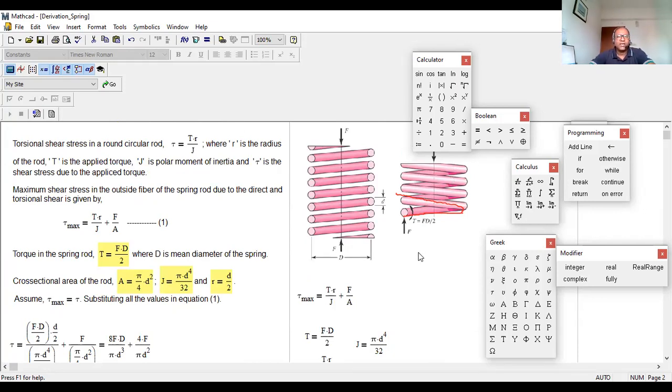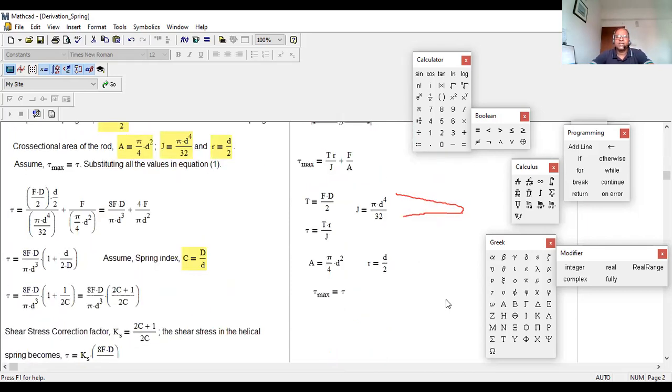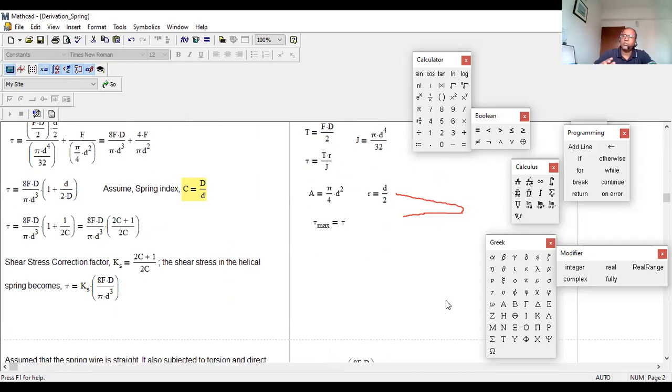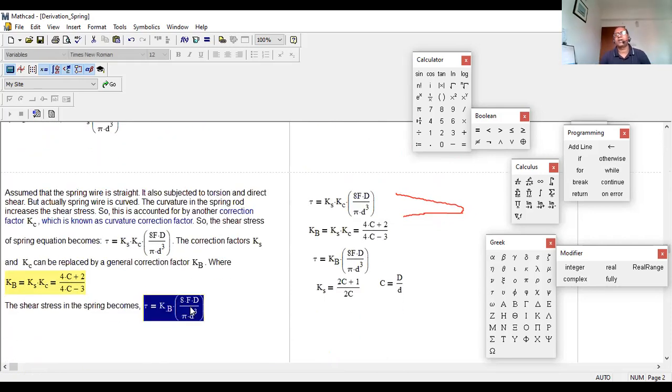That's why shear stress will be uniform, by the same amount. Say after calculation you got 400 psi. That 400 psi will be for all of the wire in any location. You will experience this much stress.